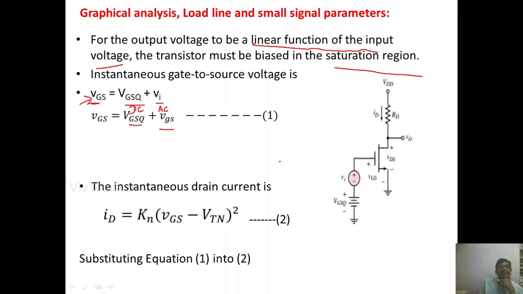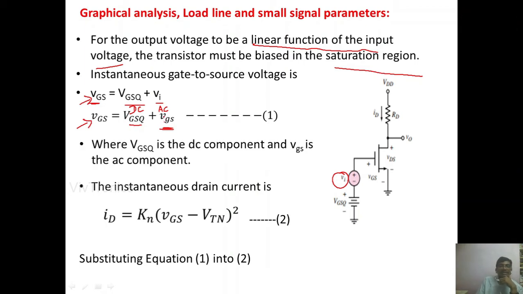Vi is nothing but an AC signal that will develop the AC voltage vgs. So the gate to source voltage is a composition of the DC component plus the AC component, where VGSQ is the DC component and small vgs is the AC component.